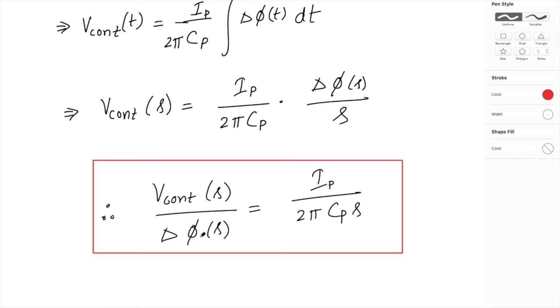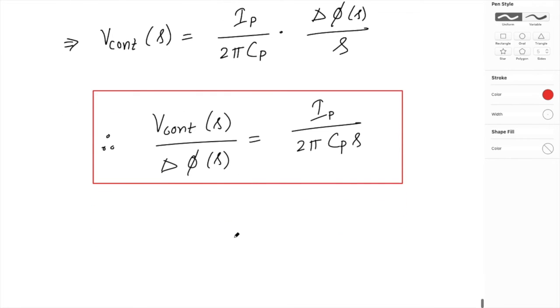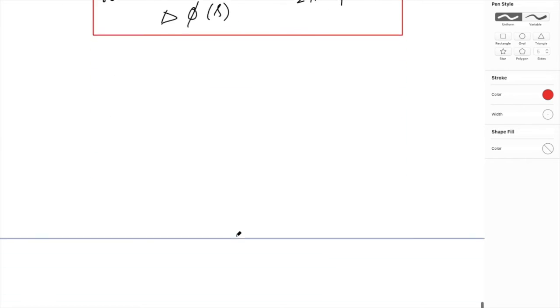For a phi s, or for a difference of phi, the variation in the control voltage can be given as IP, which is the charge pump current, over 2 pi CPS. Now with this, we will be able to get the S domain equation of the type 2 PLL.